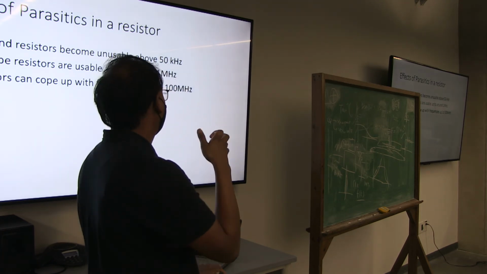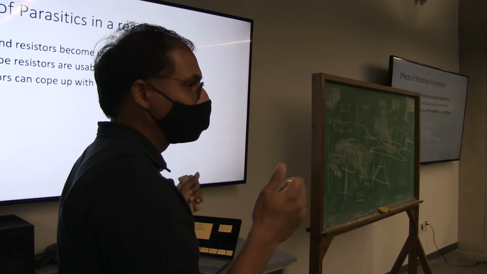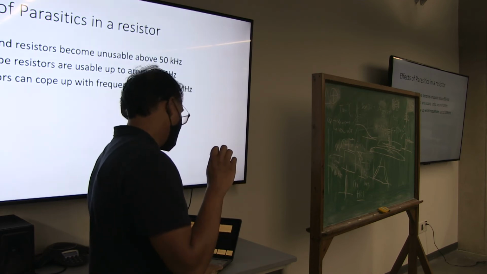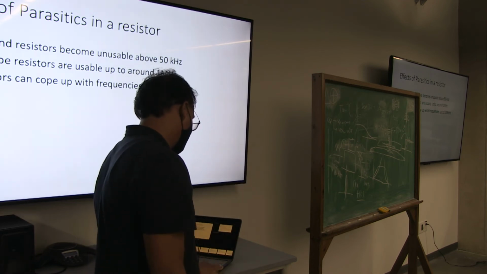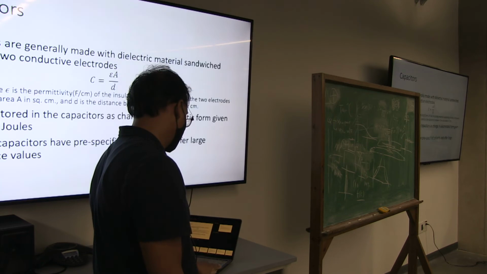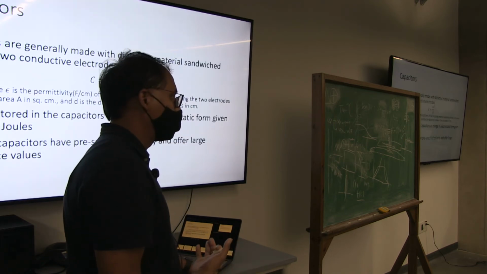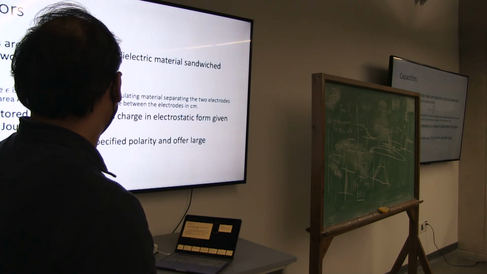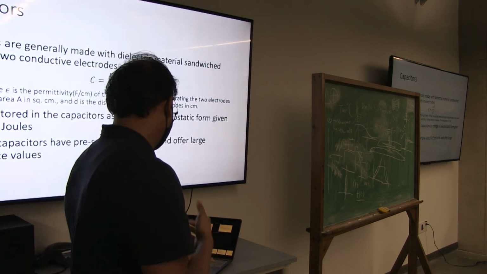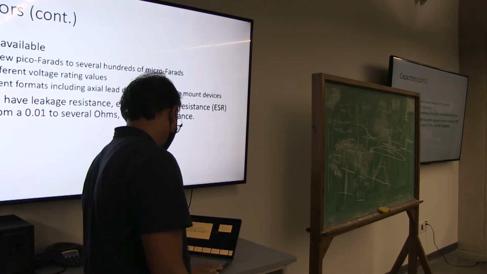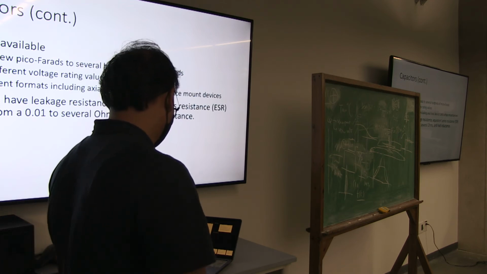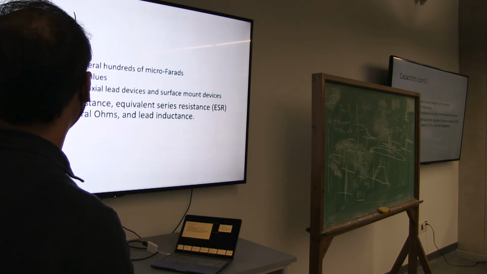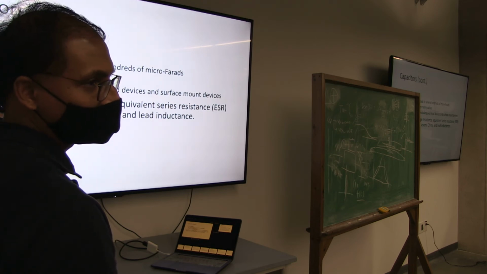Whenever you design, you should have a rough rule of thumb on till what frequency each component can be used, and always look at the resistor data sheet and understand where it should be used. And again, capacitors similarly store charge in an electrostatic form, and capacitors will have non-idealities, and we should also be aware of the magnitude of capacitors that we can use.